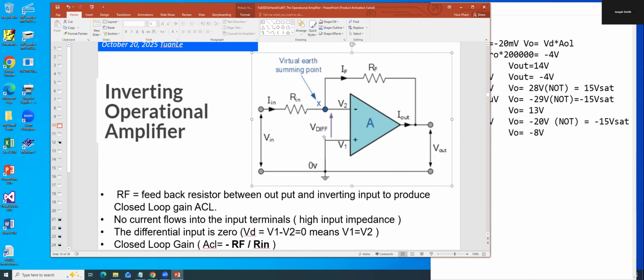There's no connection going down. That space there is just to show that it's a virtual ground, but there's no connection. No, it's not going down. The thing is, they have the same potential. 0, 0, right? Right. Okay, so the input goes this way, goes up, goes to RF and goes up to here.